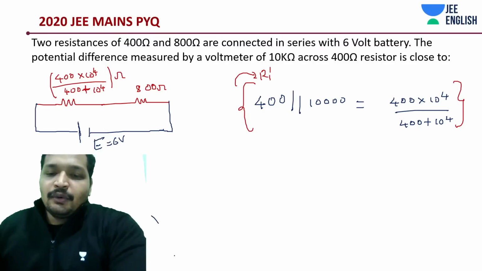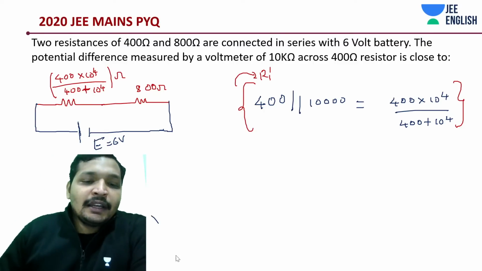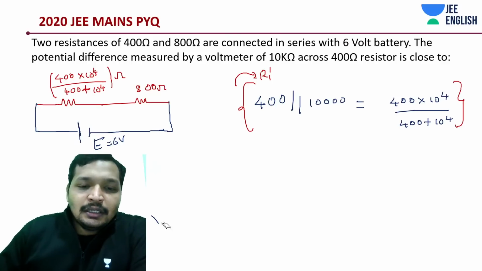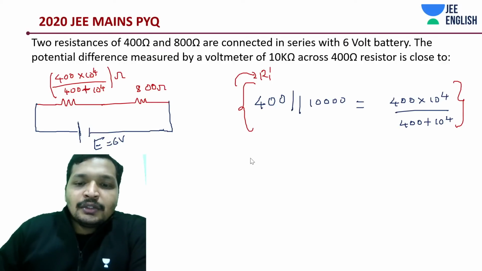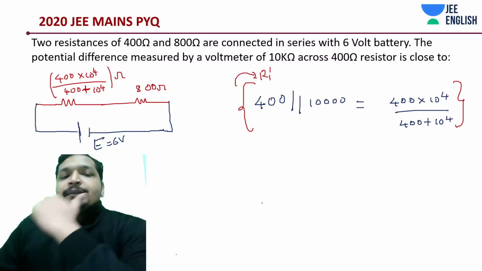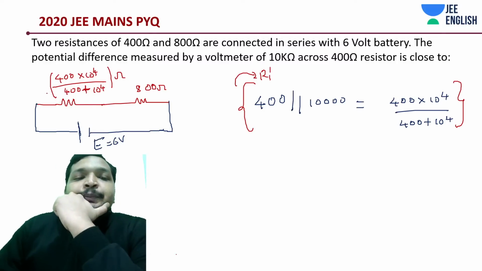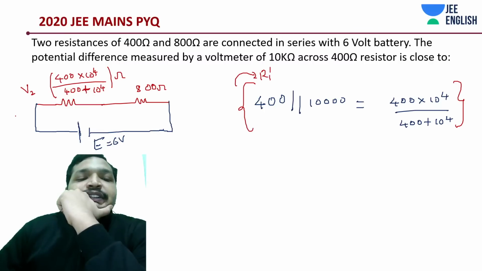There is a simple way of calculating it. So we are going to say potential, I'm going to call this V1 dash in this case.